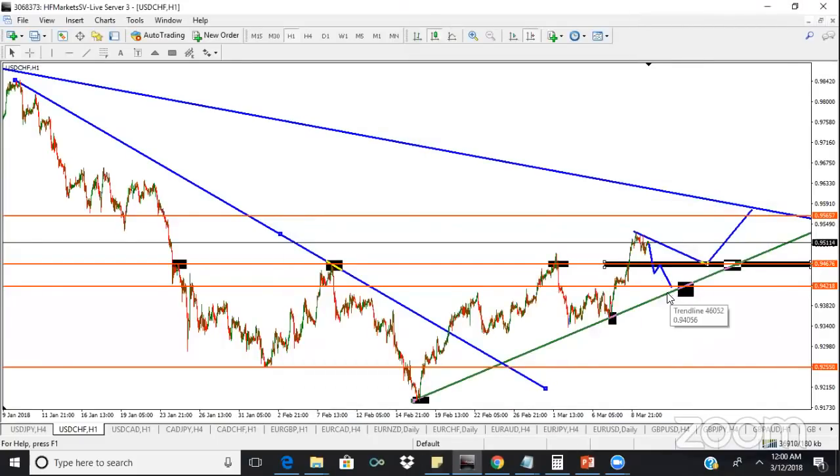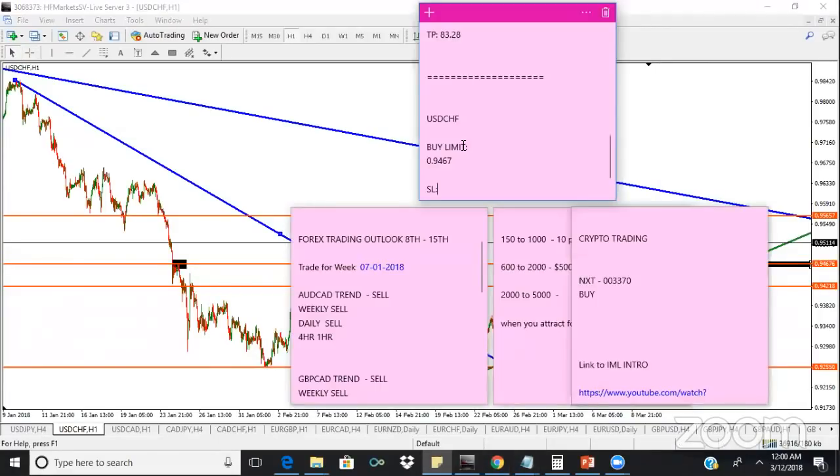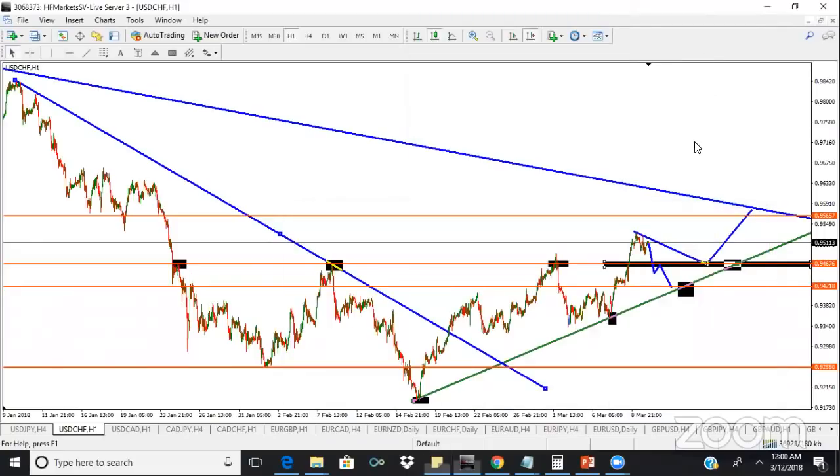You're looking at 30 pips, 94.33. That'll be your stop loss.